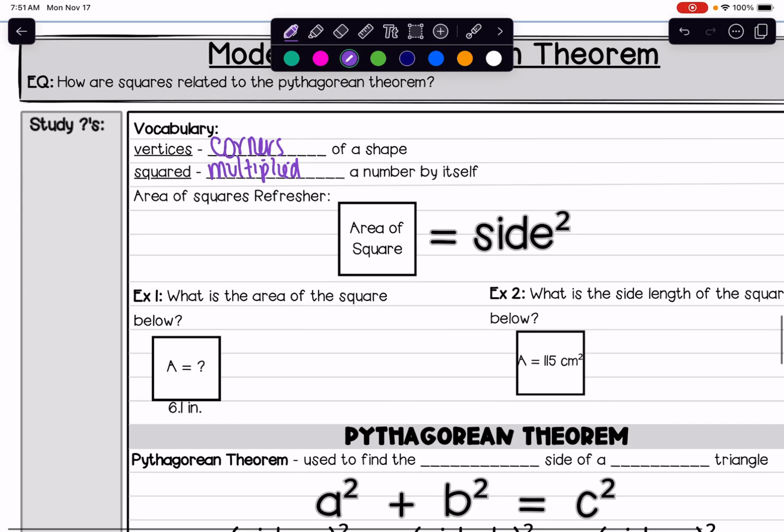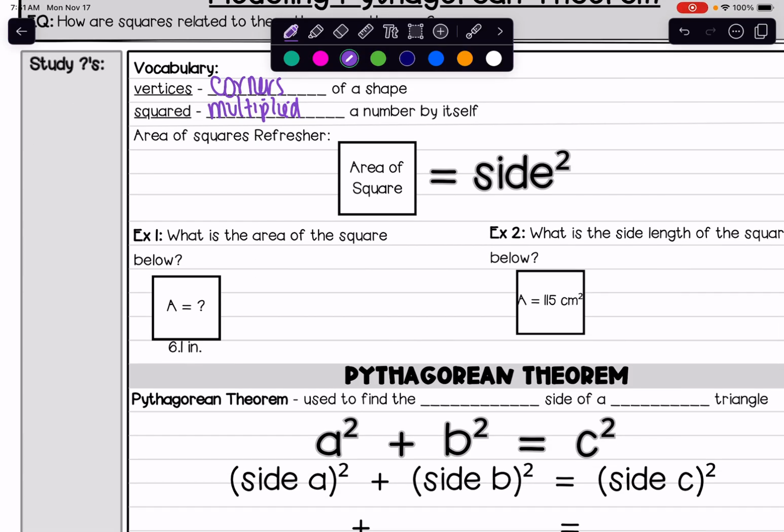So if I want to find the area of this one, I know area is side squared. If my side length is 6.1, I'm going to square that, and it gives me an area of 37.21 inches squared, and that's how I indicate to somebody that I gave them the area.